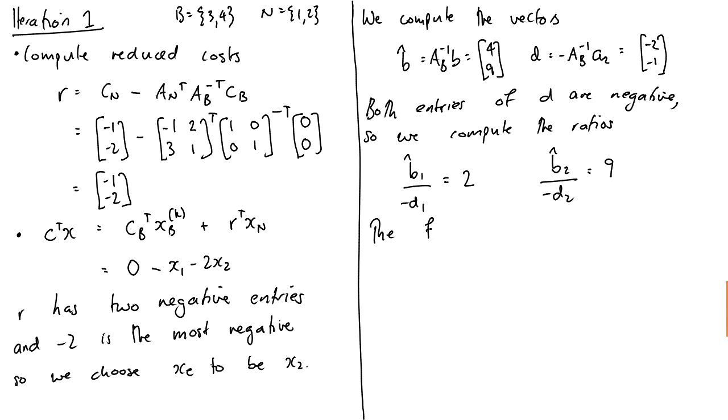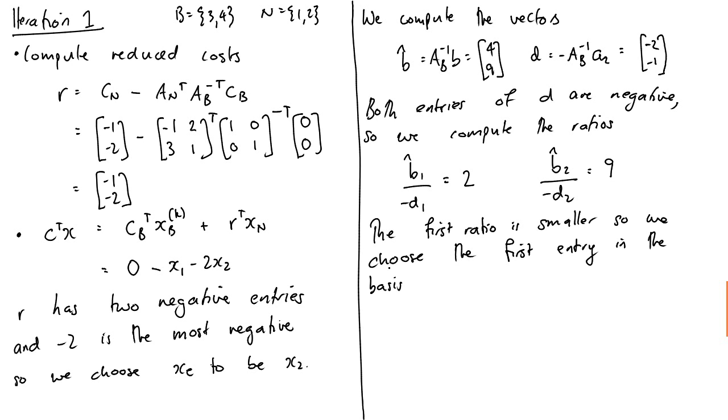The first ratio is smaller, so we choose the first entry in the basis, x3, to be the leaving variable.